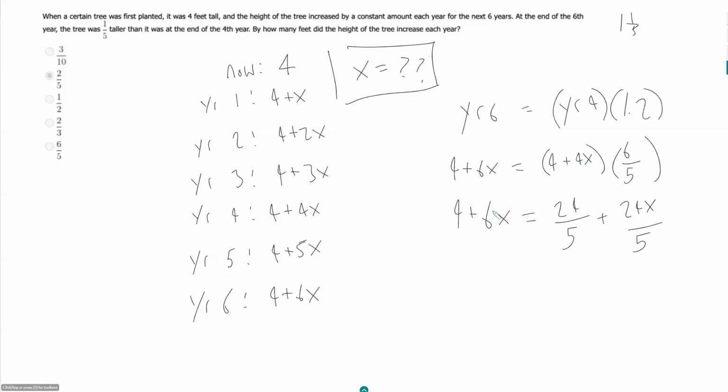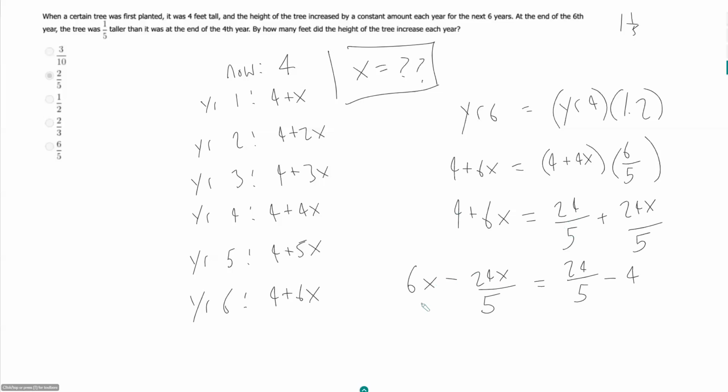So let's combine my x's as well as everything else. If I get all my x's on one side, I have 6x minus 24x over 5 is equal to 24 over 5 minus 4, by subtracting 4 from each side.